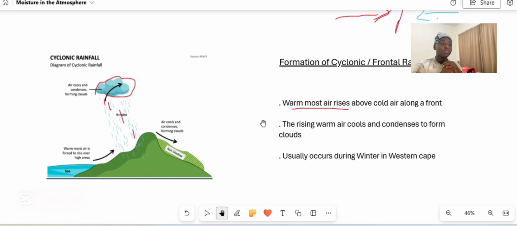Provinces such as the Western Cape do experience this type of rainfall. If you watch the news, a month ago there was a flood in the Western Cape, and imagine it's winter, but they're experiencing a flood. It's due to cyclonic or frontal rainfall causing heavy rains that result in floods.